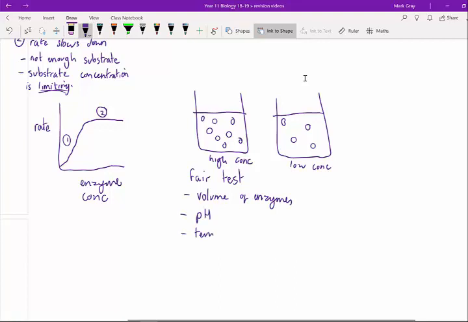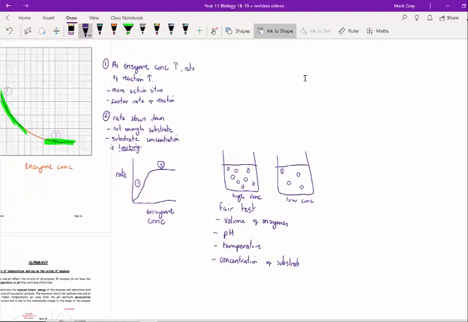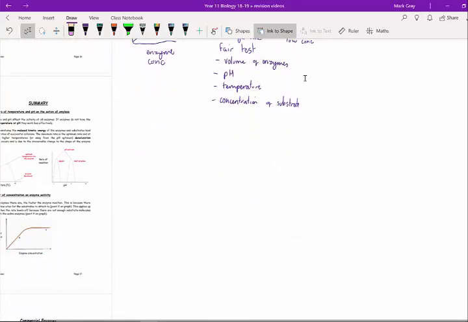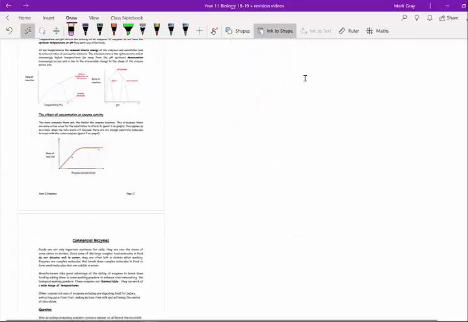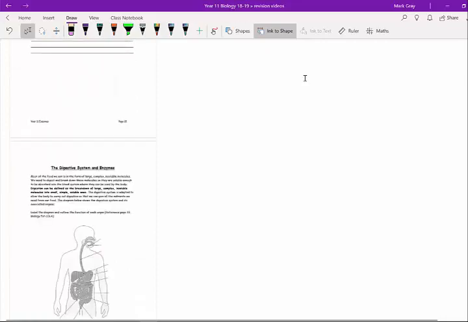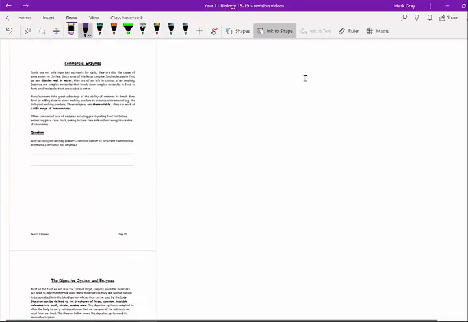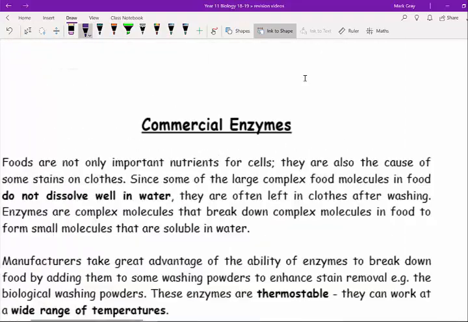We would need to keep the temperature the same. We would also need to keep the concentration of substrate the same. That's the sort of things that we would need to keep the same to make sure it is a fair test.